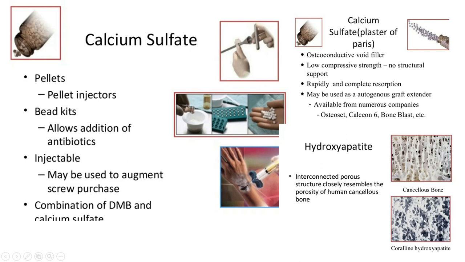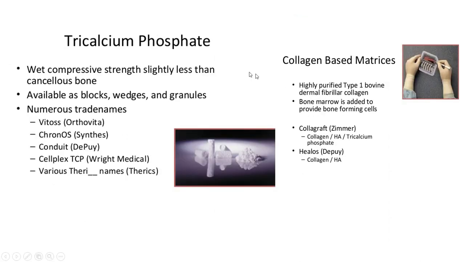Like we can put some zoledronic acid here, we can put some bone morphogenic protein, we can put some cells, and whatever you can do, and that tricalcium phosphate.